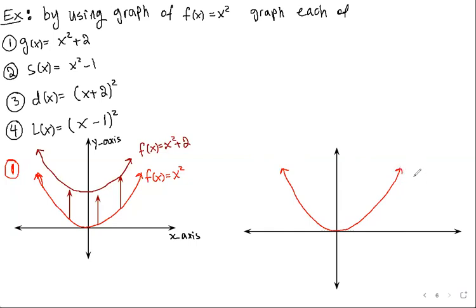Now, this is f of x equal x squared, the original one. s of x is x squared minus 1. This means we graph the function x squared, then shift it 1 unit down. So the 1 unit down is like this, and the graph is going to look like this.